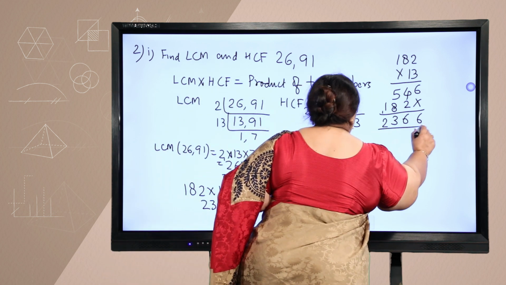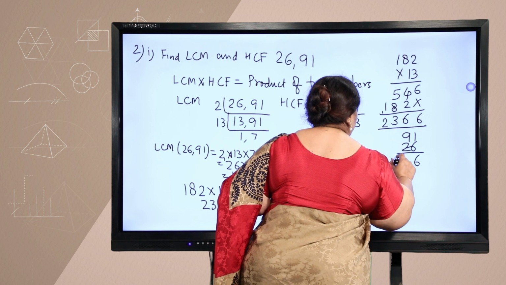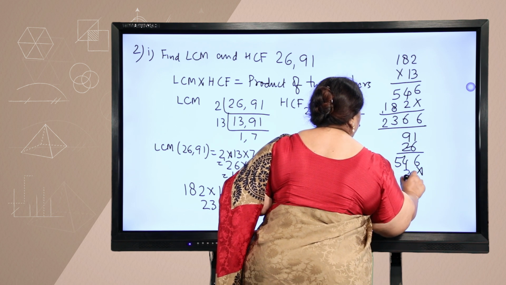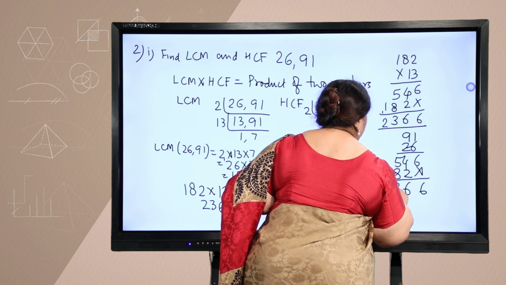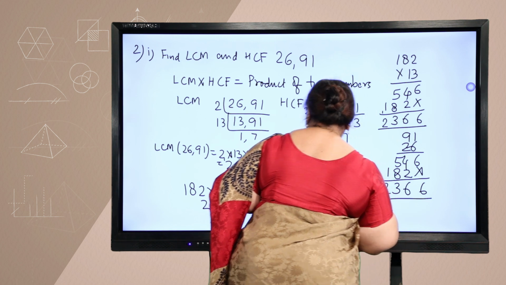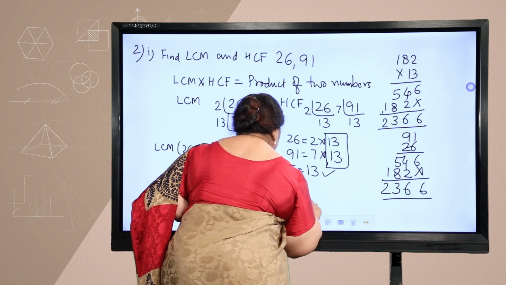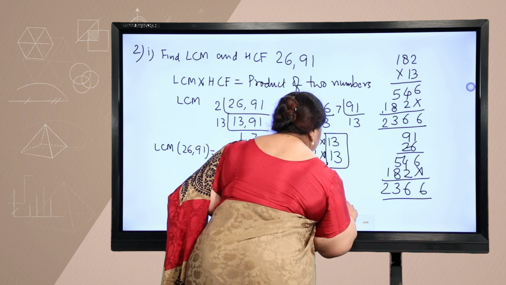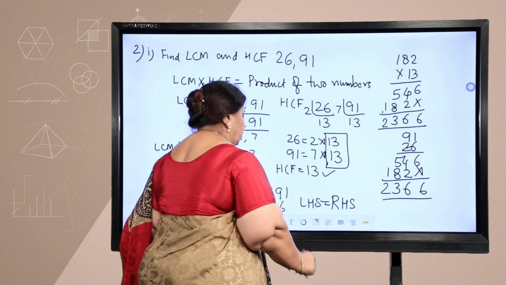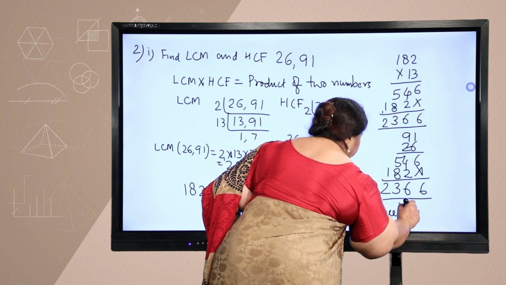And what is 91 into 26? Yes, I get LHS is equal to RHS. It is 2366 in both the cases and hence verified.